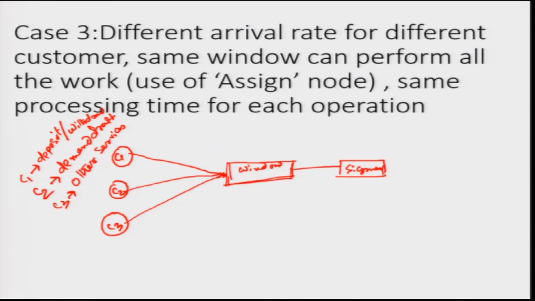So to do this, we need to identify the customers separately. How will we do that? We will use an assign node, and we will assign some value to each customer, so that the value identifies that customer and directs them towards the signature process. We will put one assign node in front of each create node: assign node 1, assign node 2 and assign node 3, and we will set an attribute value.